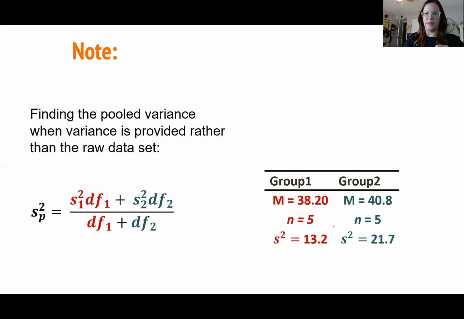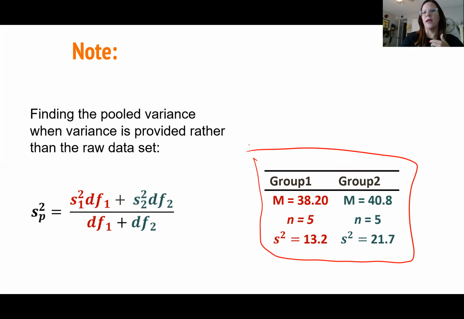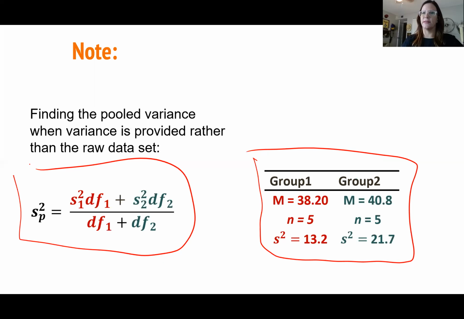So here's that example that I gave you if we were provided variance. In this case, let's say you were given this legend from me, and you could see I gave you means, I gave you sample sizes, and I gave you variances. This is the equation you would use if you were provided variances.